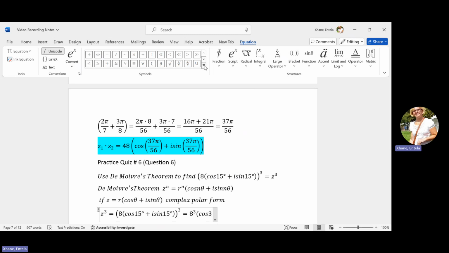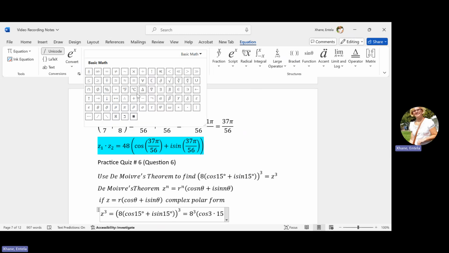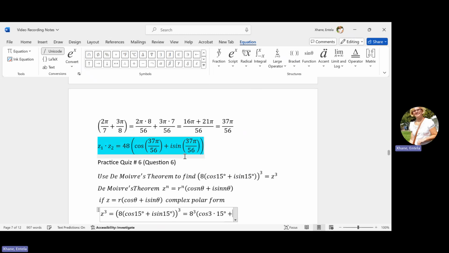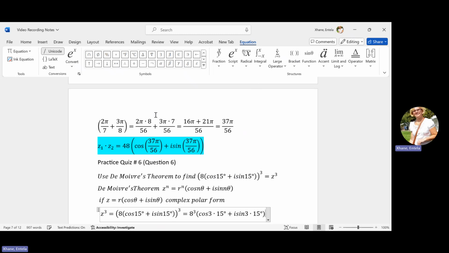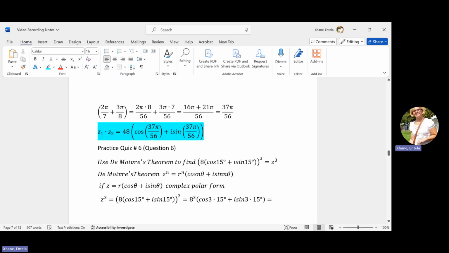So I'm going to do 3 times 15 degrees, plus the same thing, i sine of 3 times 15 degrees. Close parenthesis, equal. Now all I have to do is compute this number. So I'm going to keep the first part of it, which is my number z to the third, and go ahead with the computation.